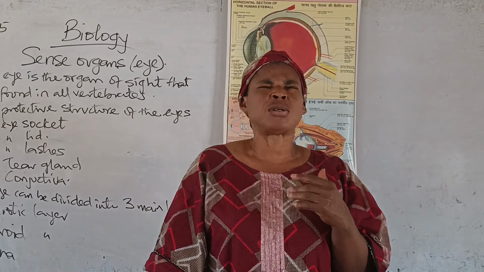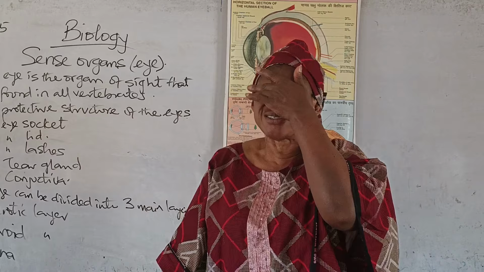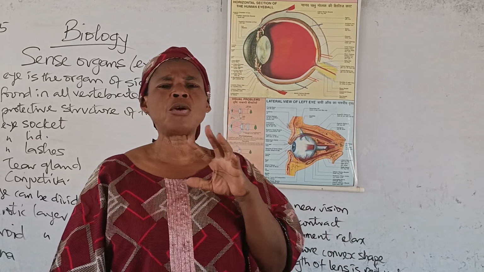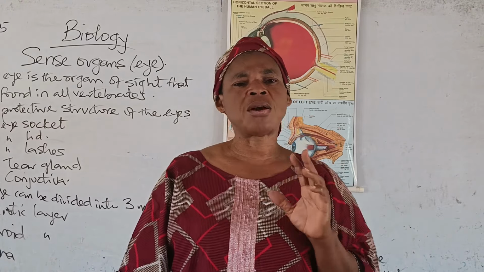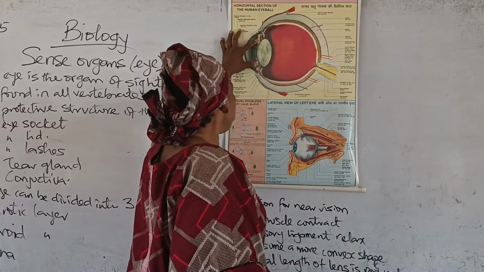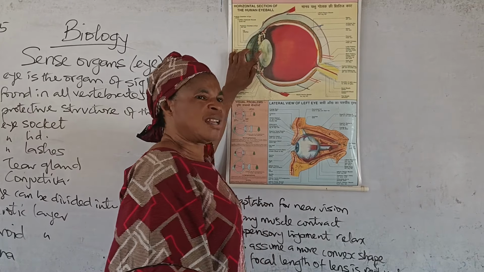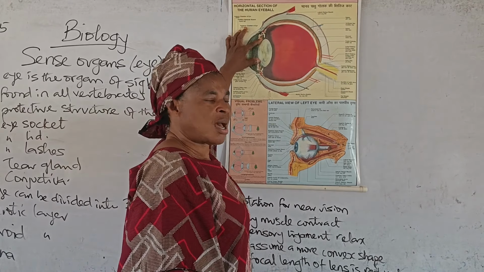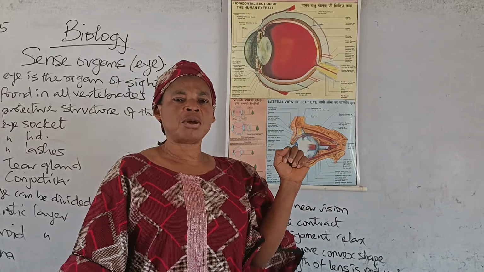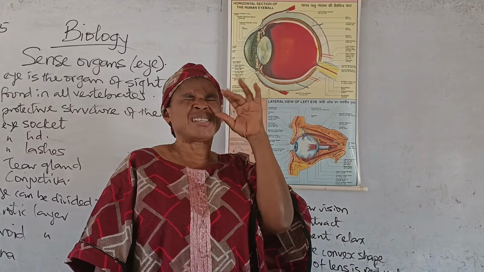You see that you are dazzled, and you say, oh, please, turn off the light. Because you are in the dark room and your eyes have opened this aperture, that is the pupil, and most of the lens is exposed. And this lens is not supposed to be exposed to too much light, that's why you're dazzled.